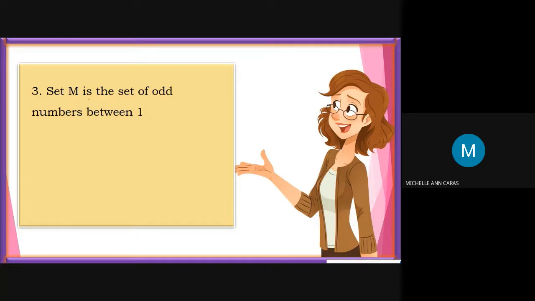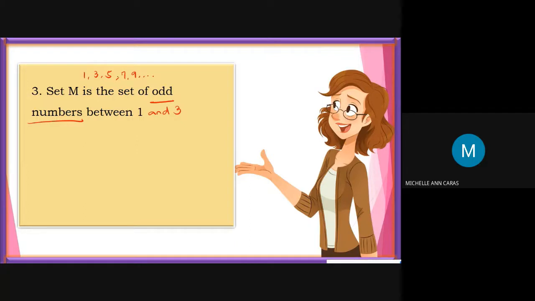Okay, number 3. Set M is a set of odd numbers between, kulang na siya class ha, 1 and 3. Okay. So, kung tanawon ta diri class, okay, ano ba tong odd numbers naton? Ang odd numbers naton are numbers starts with 1, sunod 3, sunod 5, 7, 9, and so on.